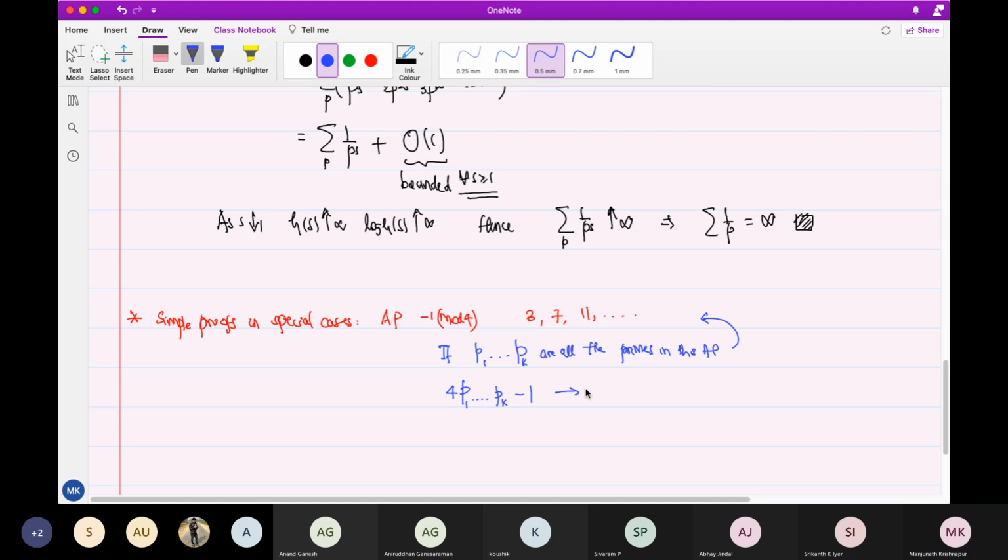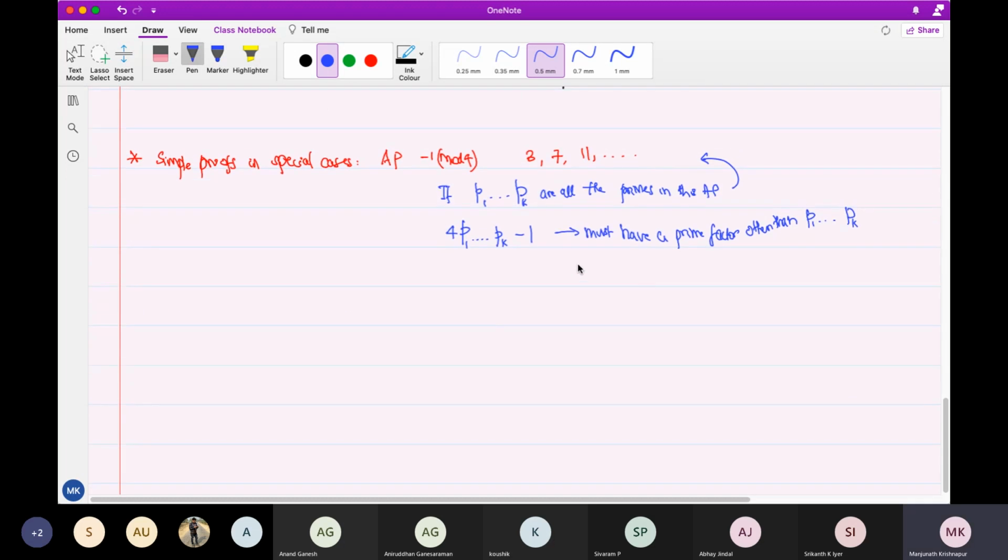So this must have a prime factor other than P1 up to Pk, because none of those divide it. This implies all prime factors are 1 mod 4. 2 cannot divide either, since 2 is also excluded because it is minus 1 mod 4.